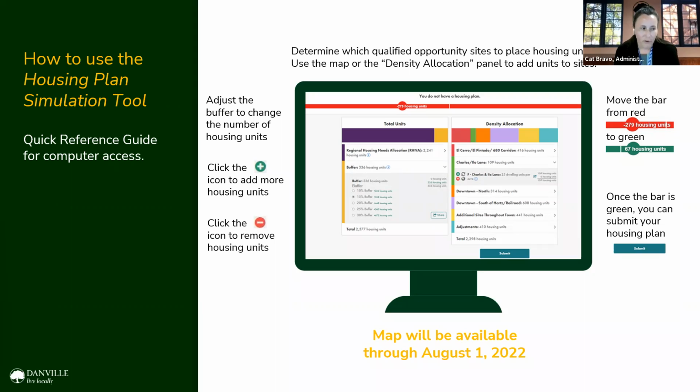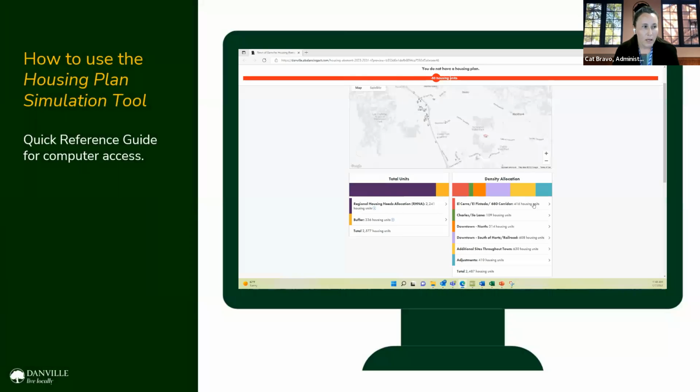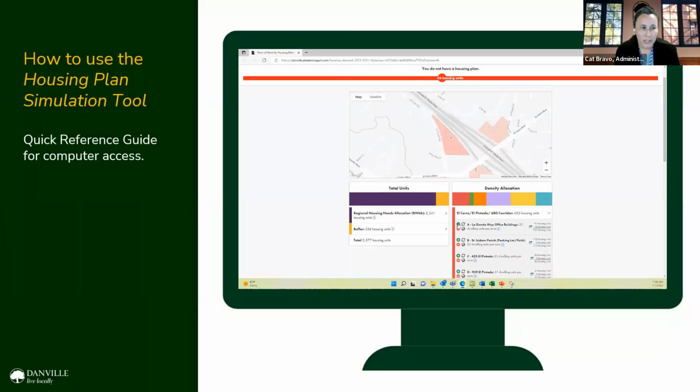And once the buffer has been identified, the balancing begins. There are 26 different sites identified within 5 key areas for housing units to be assigned. A successful housing plan can take shape in various ways. As you increase and decrease density on a site, you will see progress towards a successful plan shift.